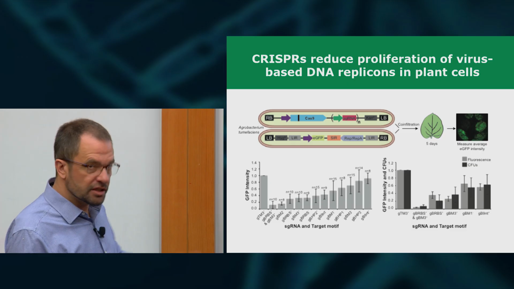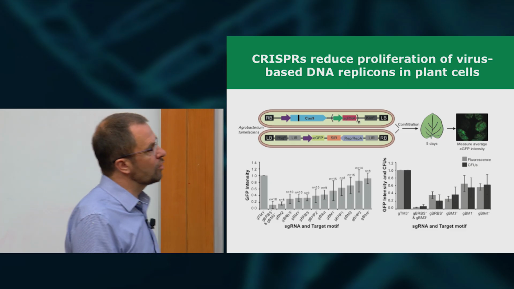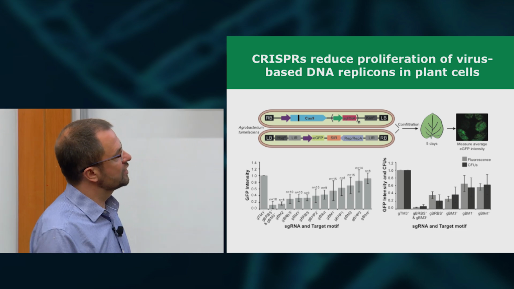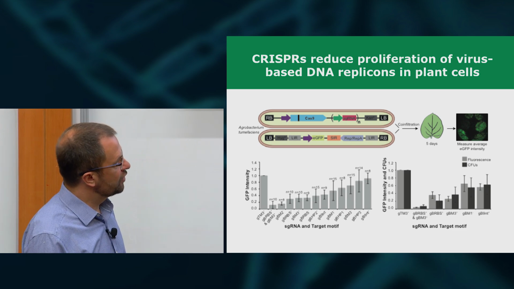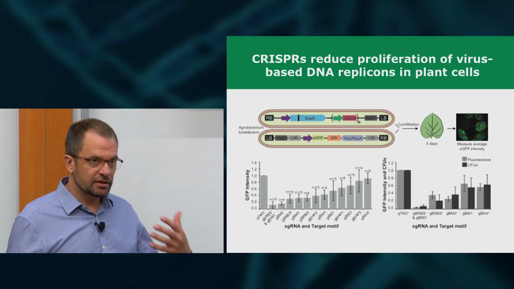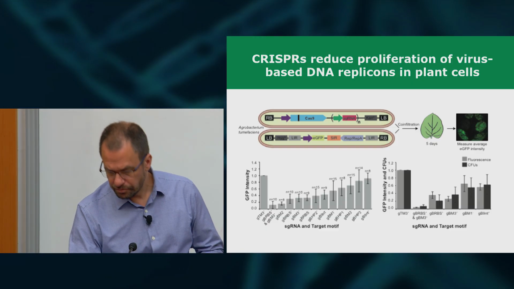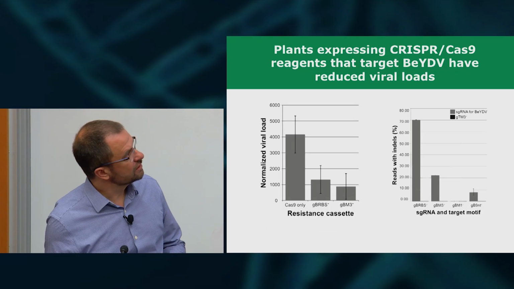And then, since it's a circular genome, we just transformed E. coli and counted the number of colony-forming units. And again, the amount of circular DNA in those leaves correlated really well with GFP intensity, suggesting that the loss of GFP intensity was due to knocking down replication.